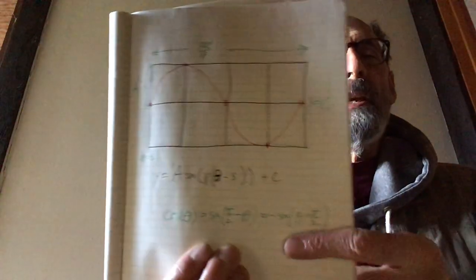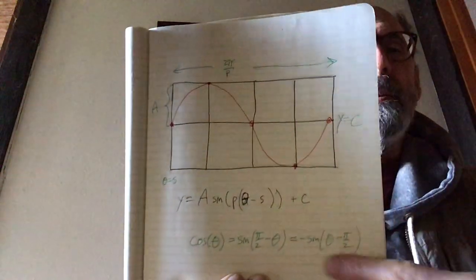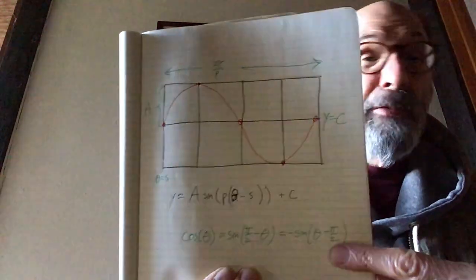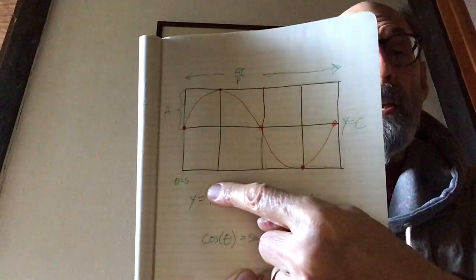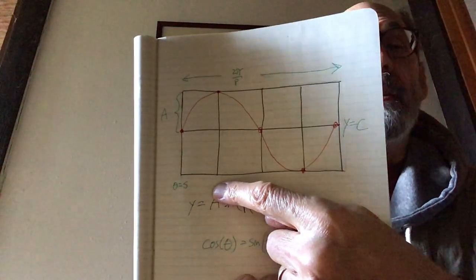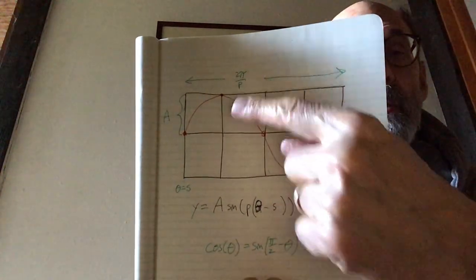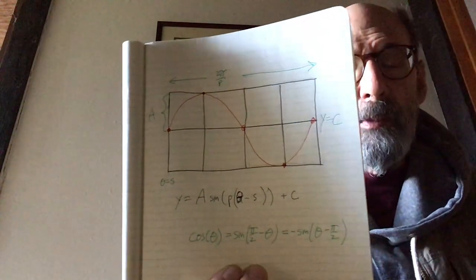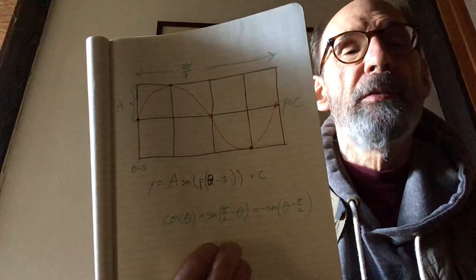So for cosine theta, we're going to flip things and then have a phase shift, or have a phase shift and then flip things. So the cosine theta would probably be starting about here, but it would be flipped. So we can handle cosine that way, so that's not too much of a mystery.